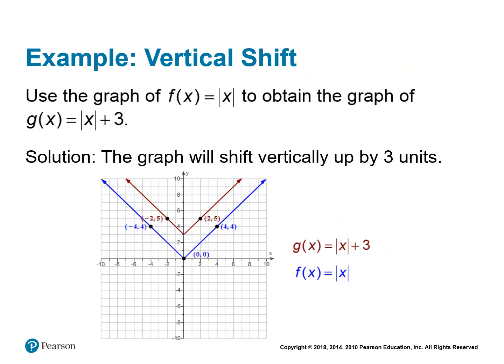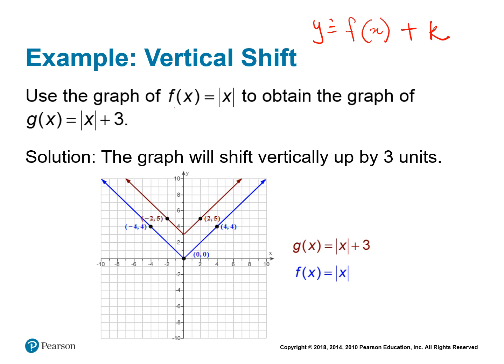So here is the example I was talking about. It says, use the graph of f of x equals absolute value of x to obtain the graph of g of x equals absolute value of x plus 3. So what do we do here? This is of the form f of x plus 3, isn't it? Remember the form of the vertical shift is y equals f of x plus k.